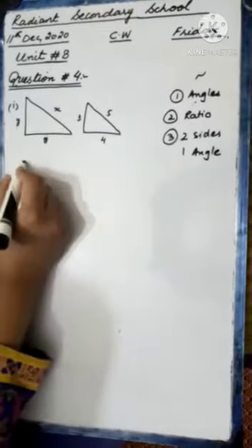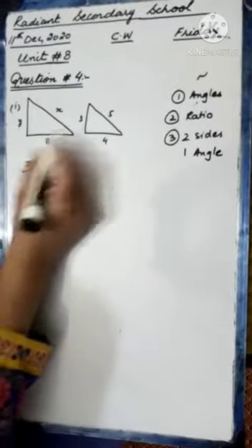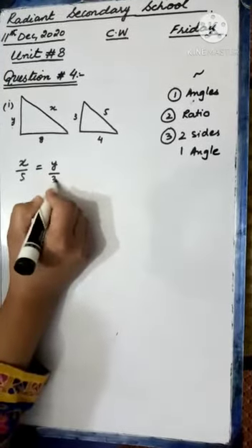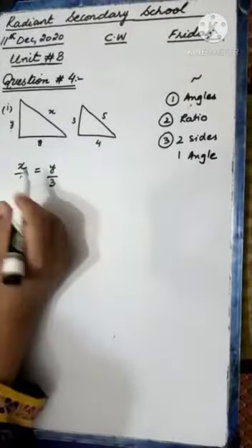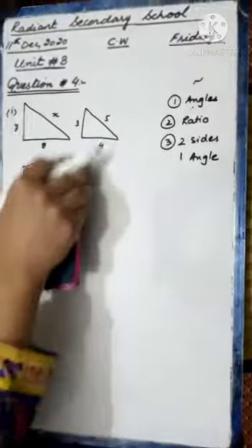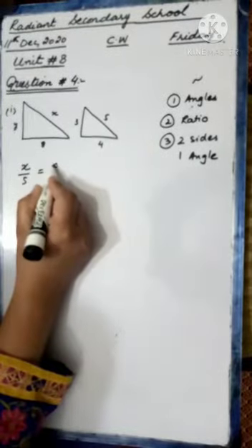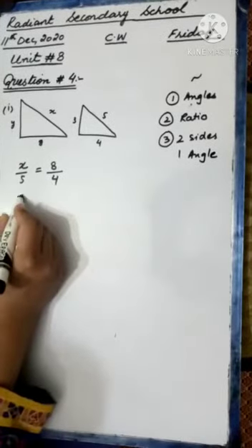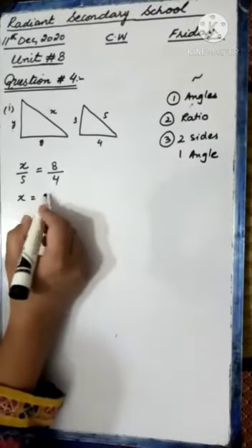Because x ratio 5 will be equal to y ratio 3, but here two unknowns are there, so no need to take y ratio 3. We can take the ratio of known sides, 8 ratio 4. In this way we can find easily the value of x.